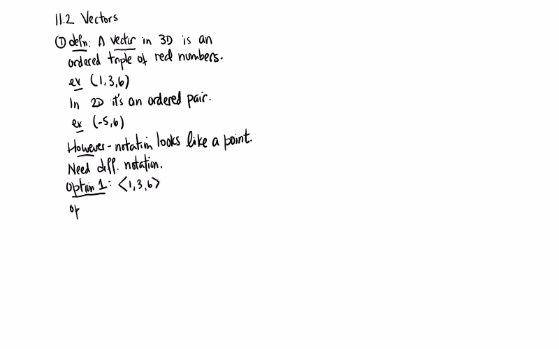When I say options, these aren't really options you can choose from. In theory you can use any notation you want. I'm not going to deduct points, but there's one notation that we're going to stick with, the same notation the book uses, the same notation that's classically used in Calc 3. But I want to mention these so you're aware of them in case you've seen them in other courses.